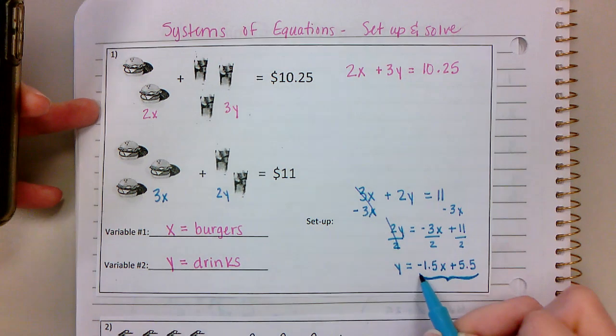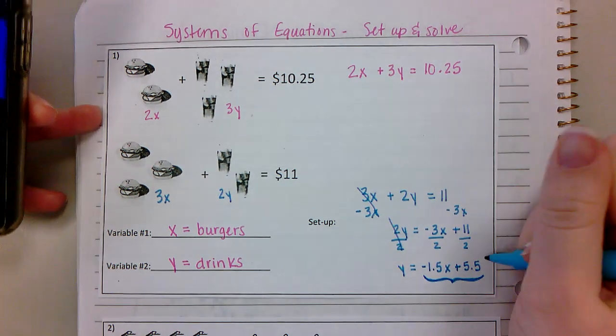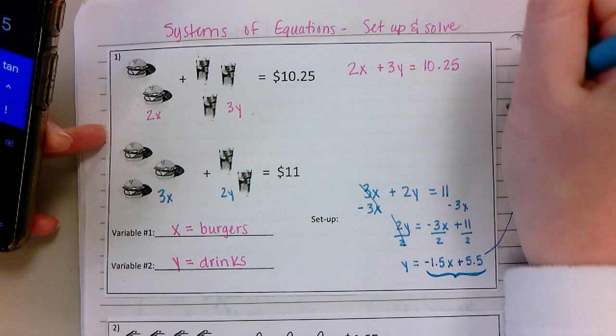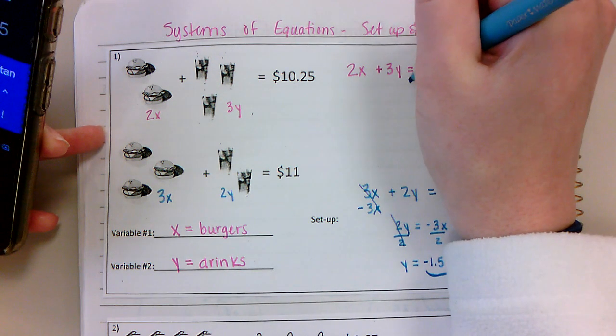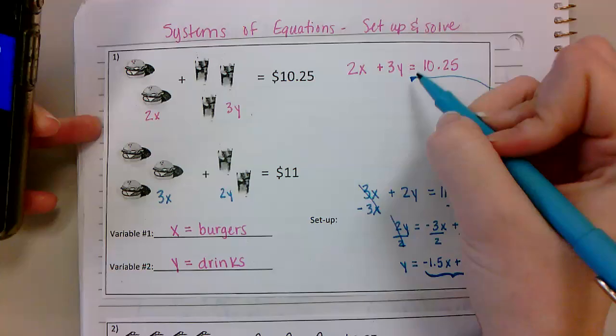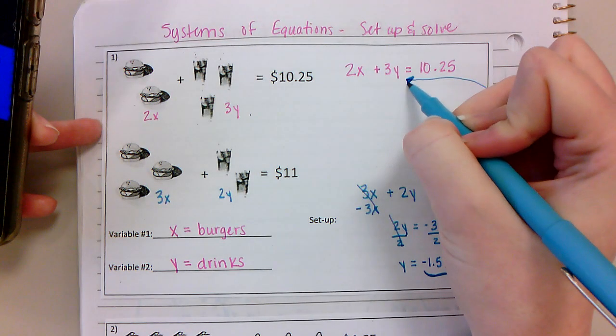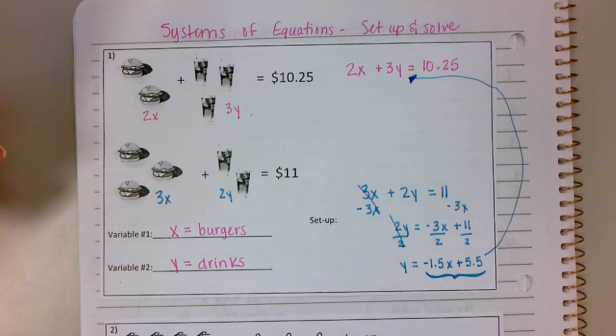Anywhere you see a y, you can plug all of that in place of y. So we're going to go up here, and in place of the y, I'm going to put what I just solved for and what I just found out.